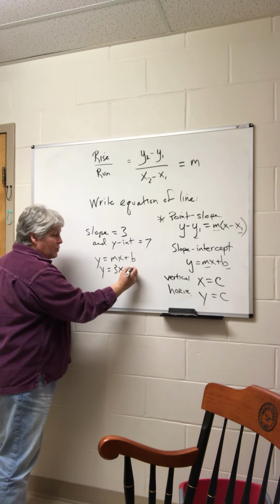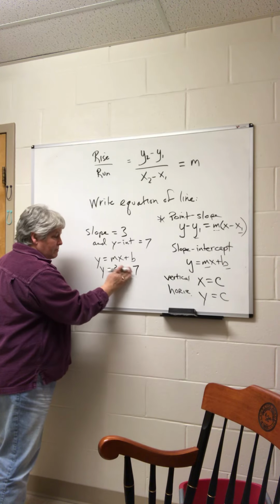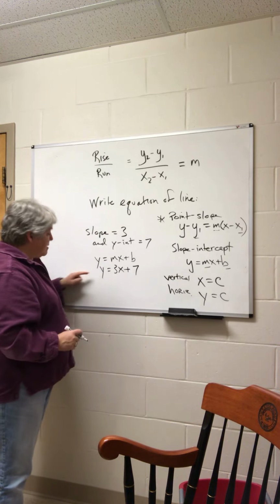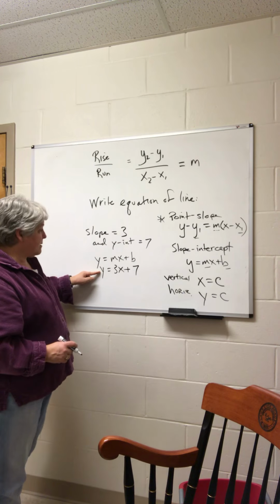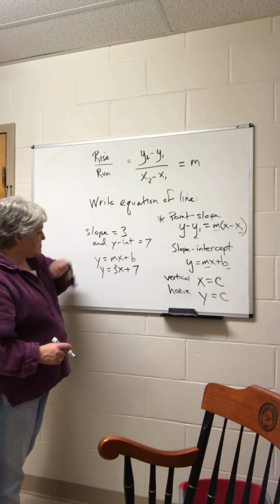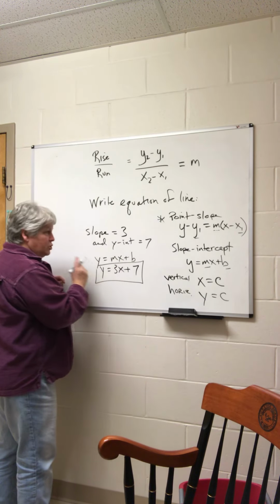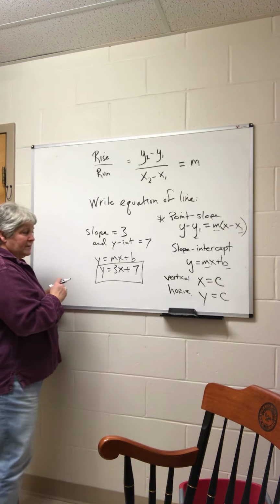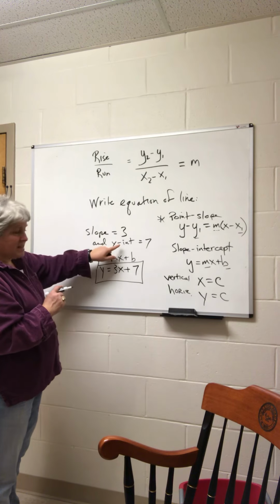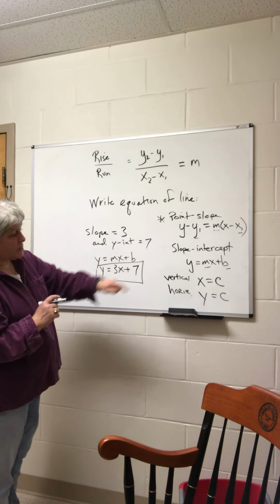That's what the b stands for, the y-intercept. Let me make that into a plus sign. There's my answer. Real quick. So that would be the equation. But don't do that with another point that isn't on the y-axis, because it has to be the y-intercept if you're using that.